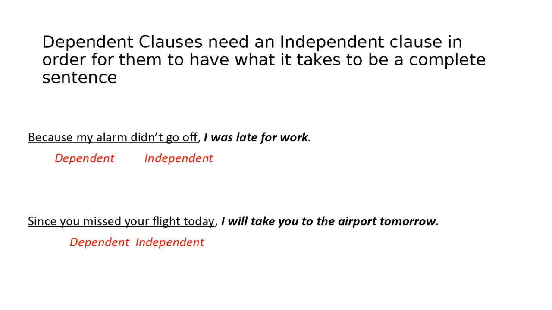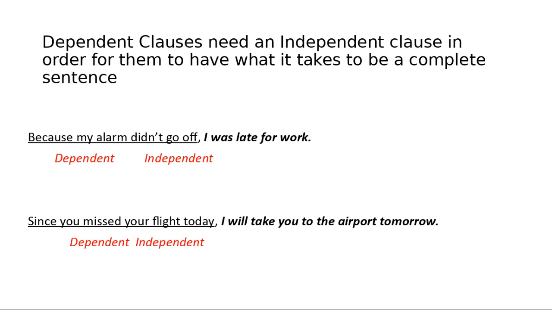Exactly. So if we look at these examples up here on the screen, because my alarm didn't go off, I was late for work. Well, because my alarm didn't go off is dependent. I was late for work is independent. So this independent clause was just what this dependent clause needed in order for it to make sense.